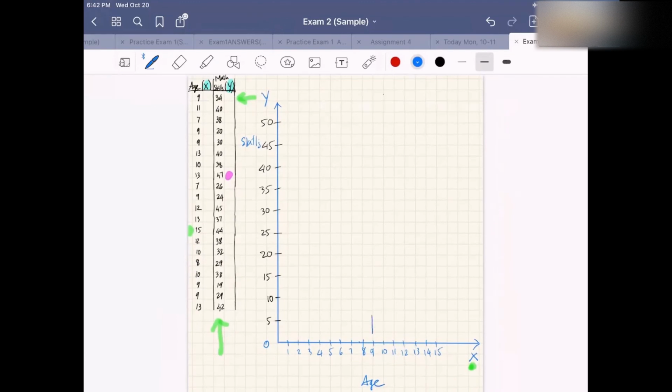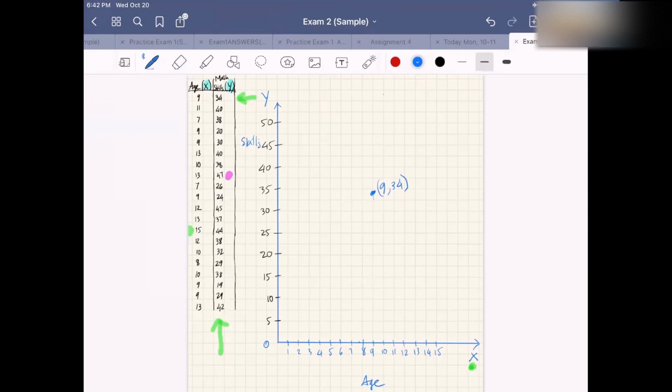This is 9, right? And then 34 is over here. Just estimate it, okay? So if you go up from the 9, and then go from the 34 to the right, then here is the point, 9, 34. And make sure that you label them for me, okay, on the exam or on the assignment, okay? And I can just delete this so that it won't look too busy.